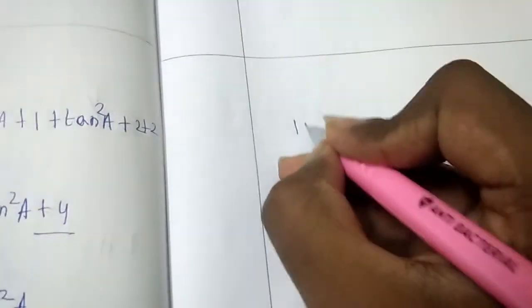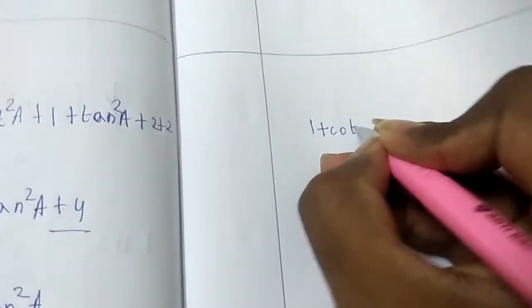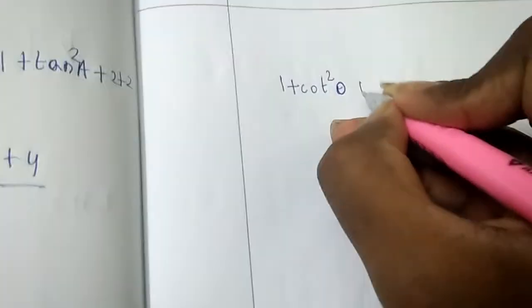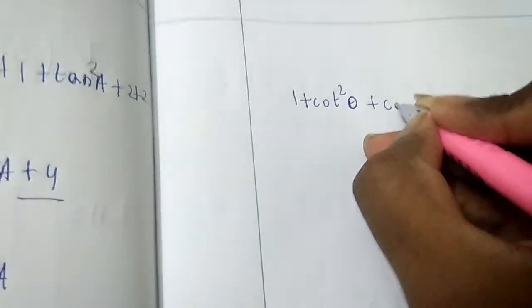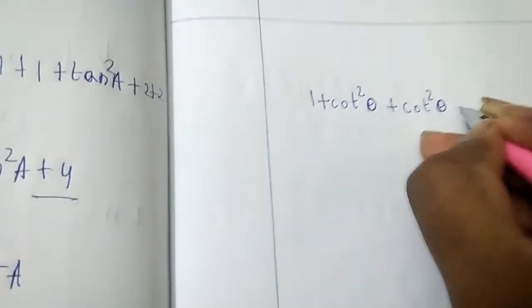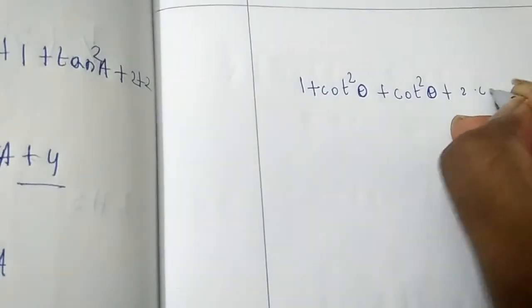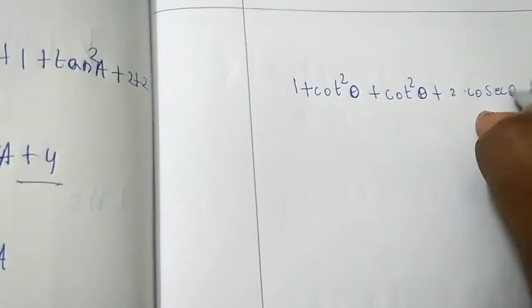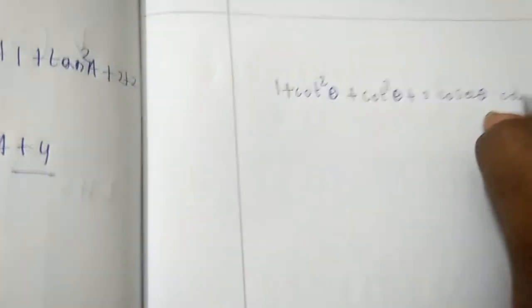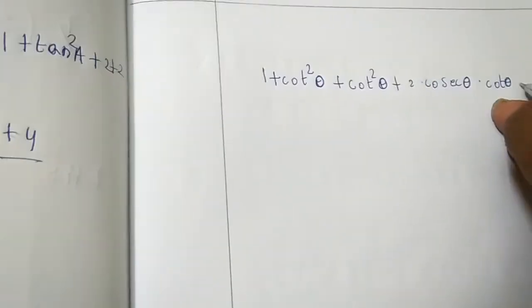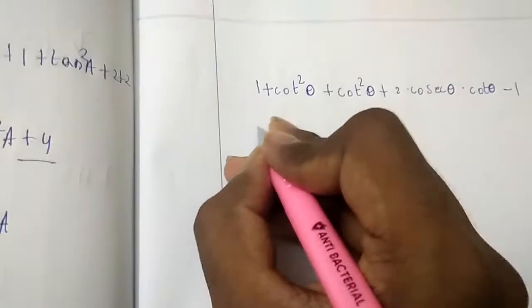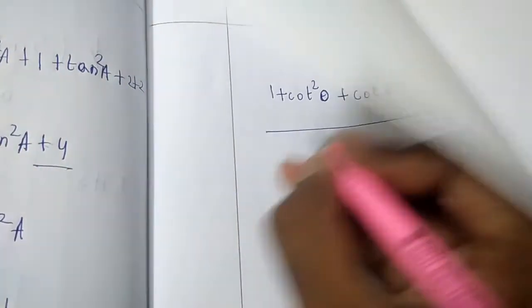Here let us change cosec square theta as 1 plus cot square theta. So 1 plus cot square theta plus cot square theta plus 2 cosec theta into cot theta, here minus 1, by... Here let us change cot square theta.